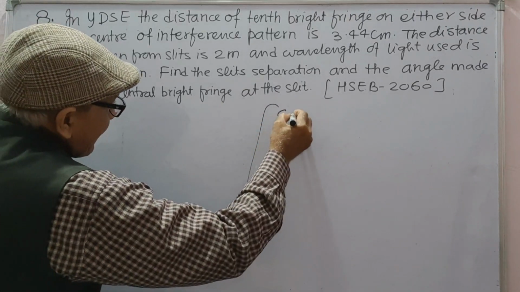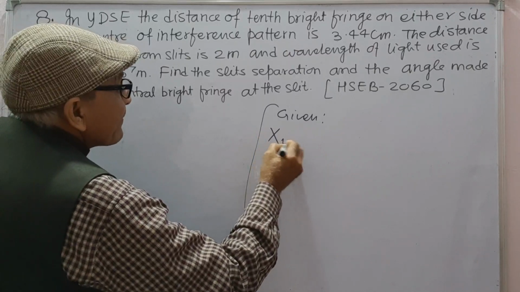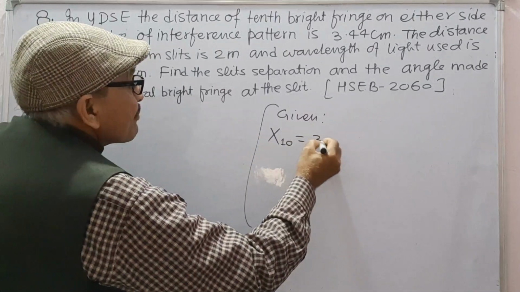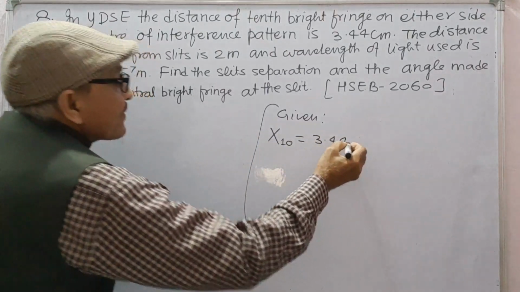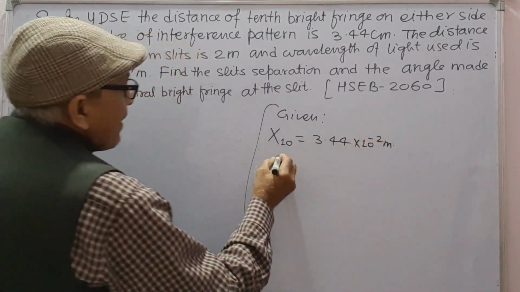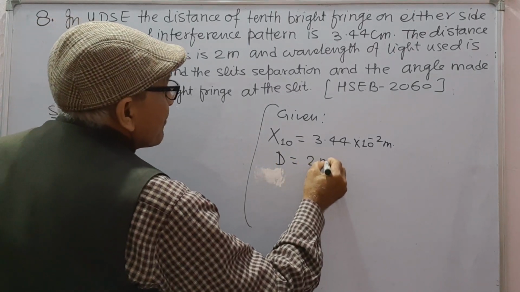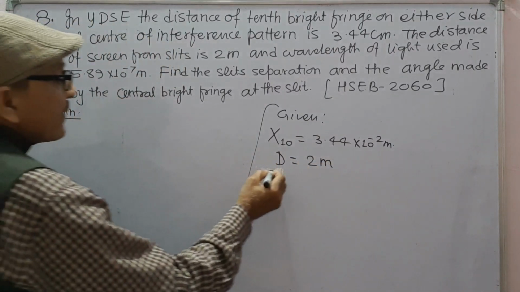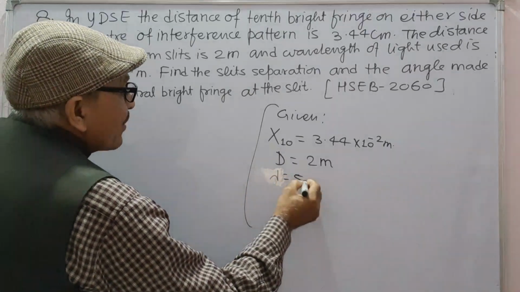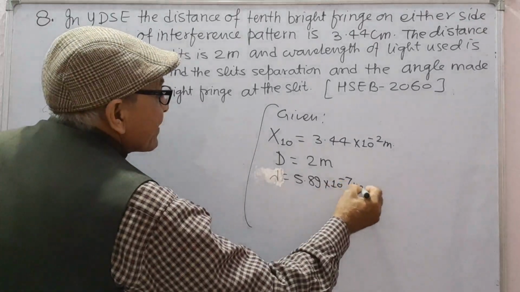Here, distance of 10th bright fringe is 3.44 cm, means 3.44 into 10 to minus 2 meter. Distance of screen from slits is 2 meter and wavelength 5.89 into 10 to minus 7 meter.